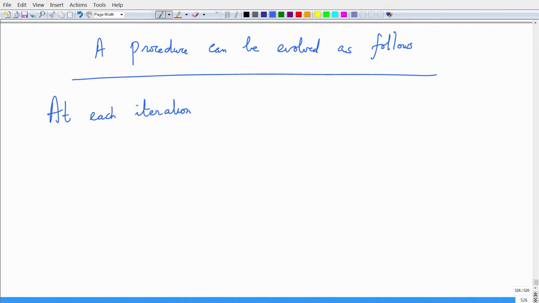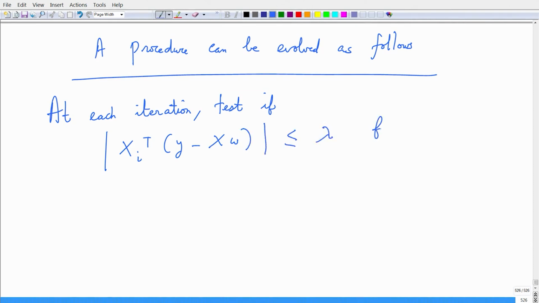So, at every iteration we test if this inequality is satisfied for each i, right.